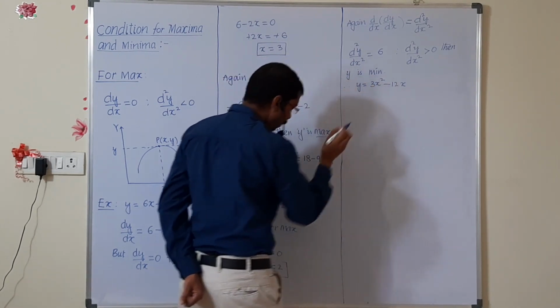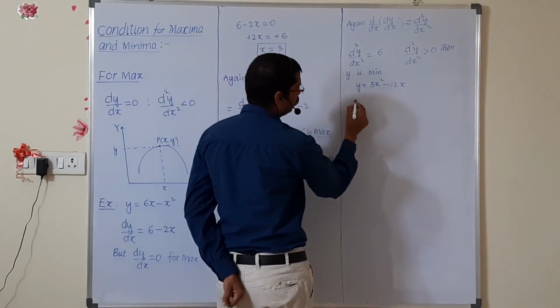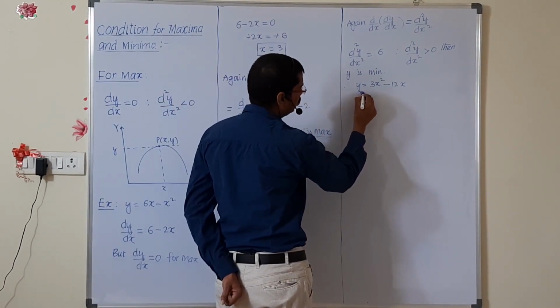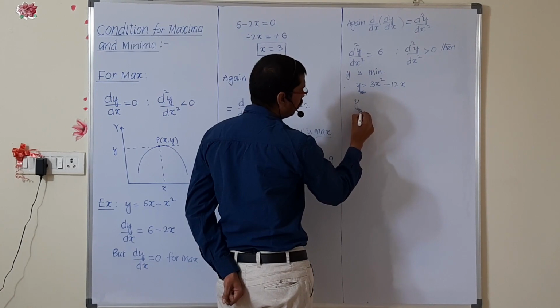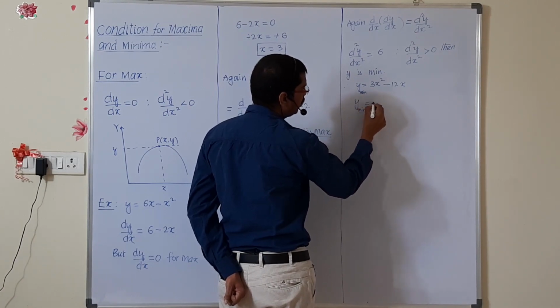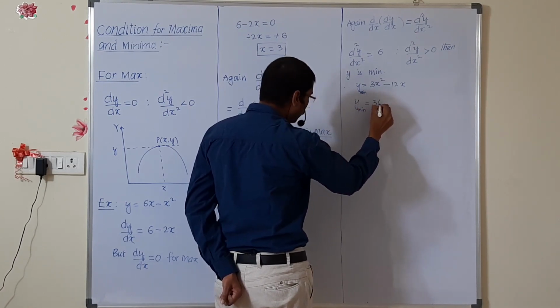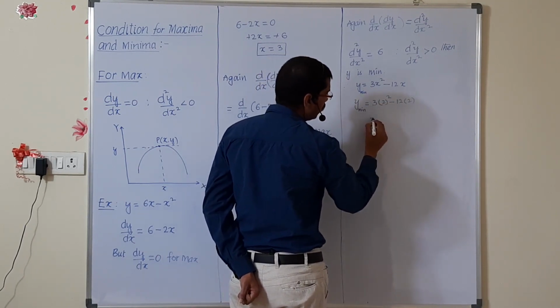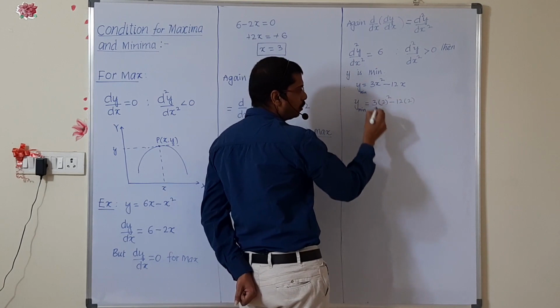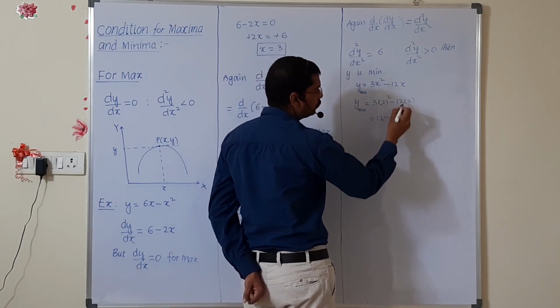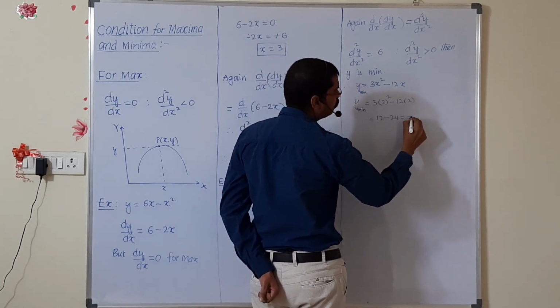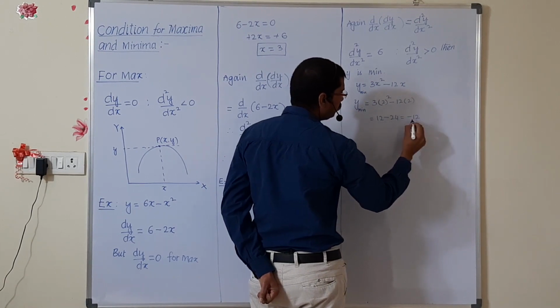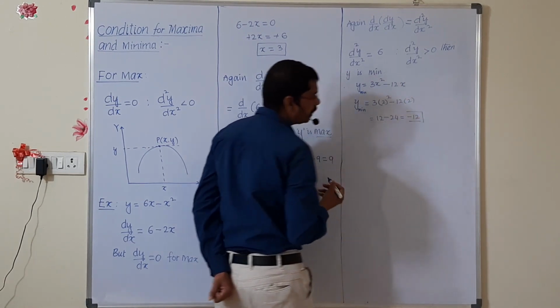Substitute the x value. What is the x value? 2. So 3 into 2 squared minus 12 into 2. 2 squared is 4, 4 into 3 is 12, minus 24. The value is minus 12. Y minimum is minus 12.